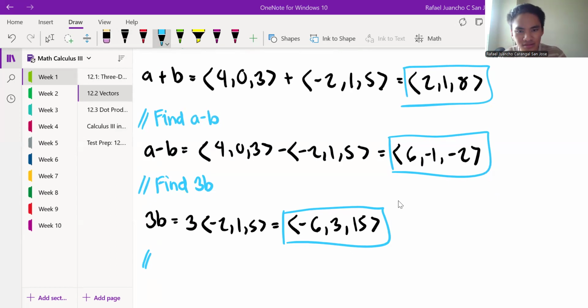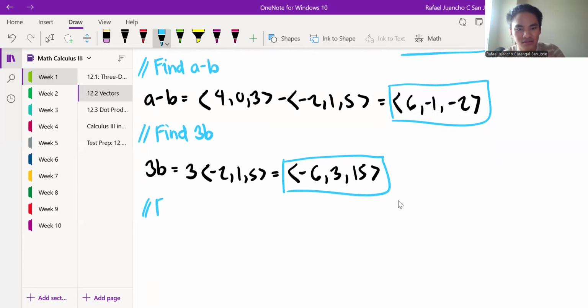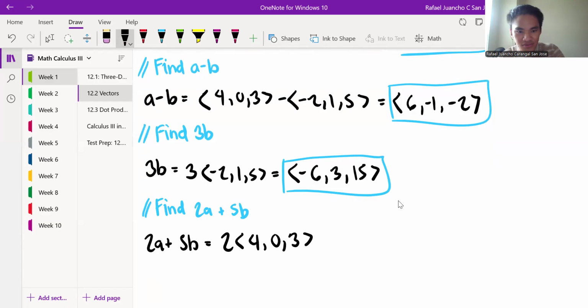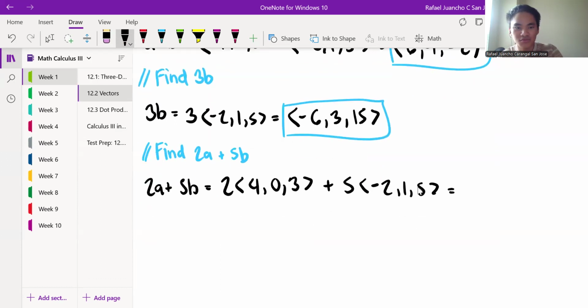And then we have 2a plus 5b. Which I think is the complicated one. So we have 2 of the components of the vector A plus 5 of the components of vector B. And so this is what? 8, 0, 6, negative 10, 5, 25.